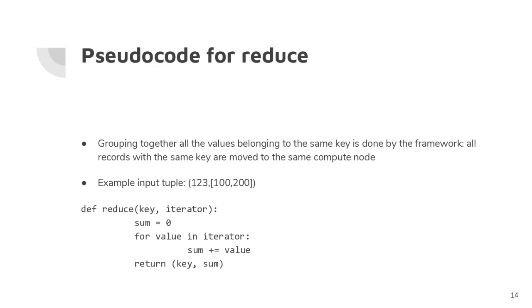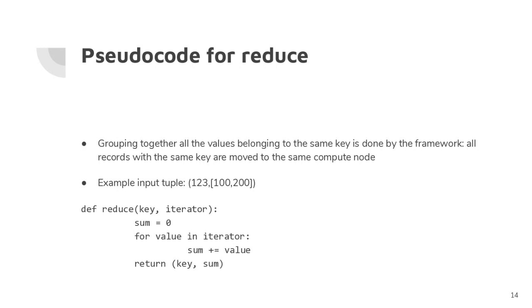So here's an example of the pseudocode for the reduce function. We have a common key here, which is the debit account. Then we have an iterator, which is a pointer you can loop over, and you loop over all values and take the sum, and then you return the key, the debit account code, and the sum of these values.